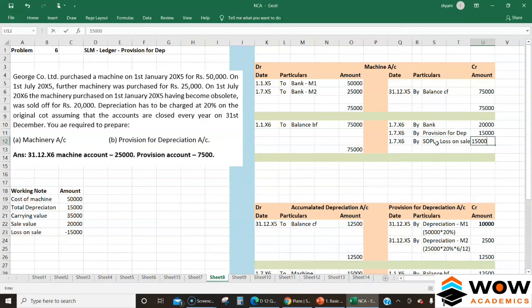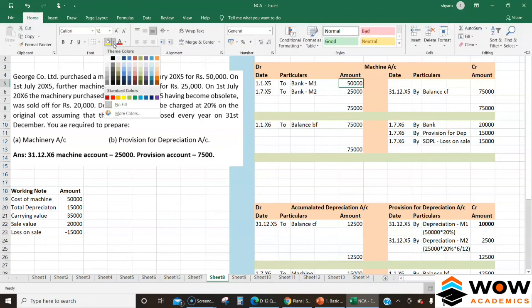Now how much of the asset value is getting reduced? 20 plus 15 plus 15, 50,000 is reduced. That is the value of the machine here. I will put a separate color, we'll put it as violet.